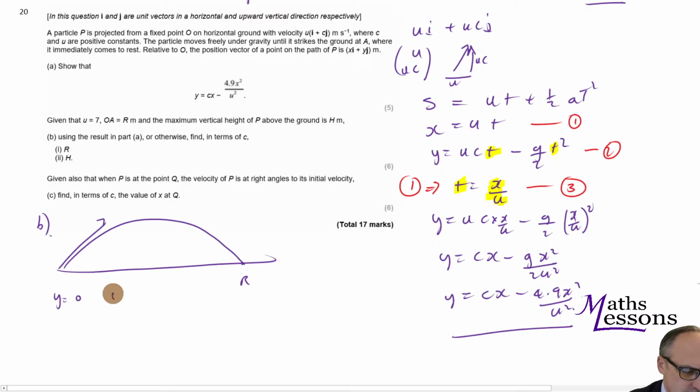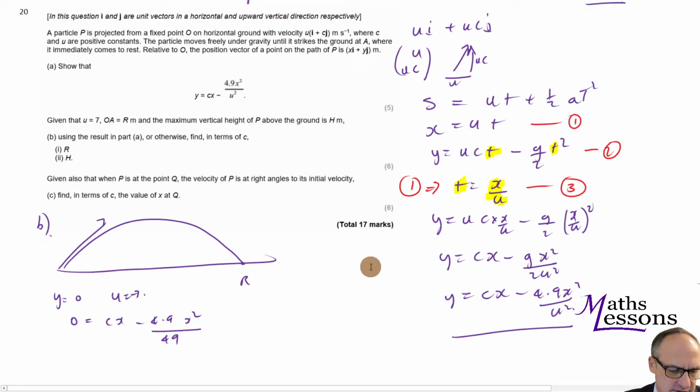We also know that u equals 7 in this case. So we get 0 equals cx minus 4.9x squared over u squared, which is 49.